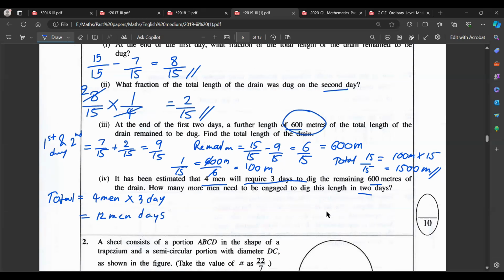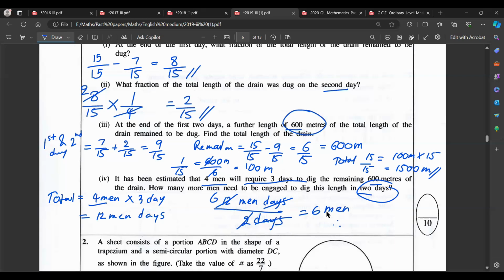What you have to do with the 2 days? So this 12 man-days, you have to divide by the 2 days. Days and days cancel. How many? 6 men. You need 6 men. Now they only have 4 men. You want 6 men.